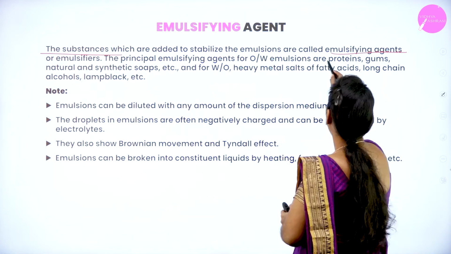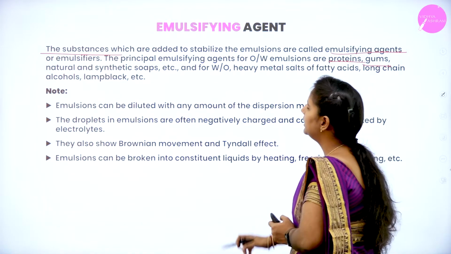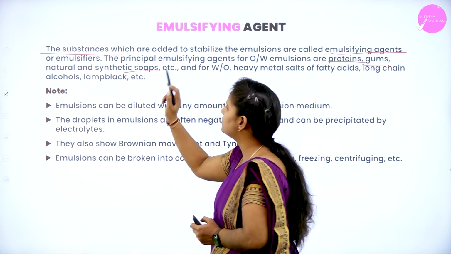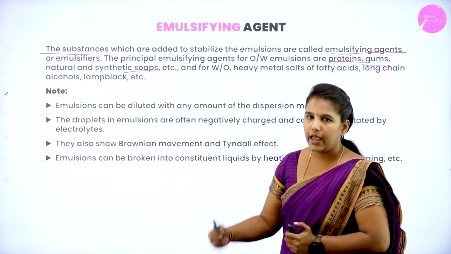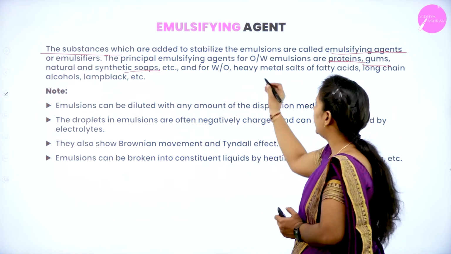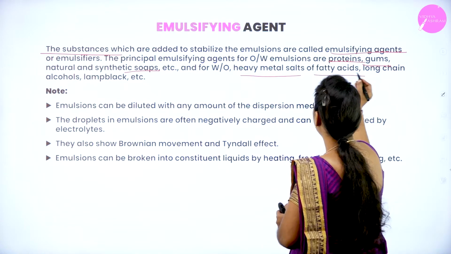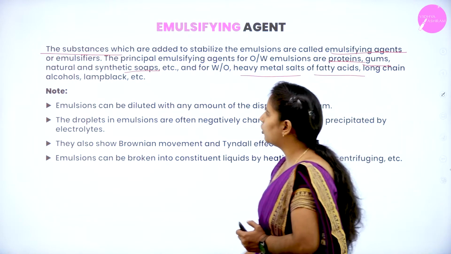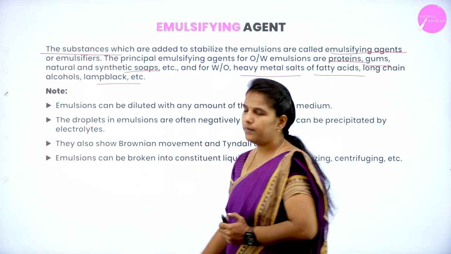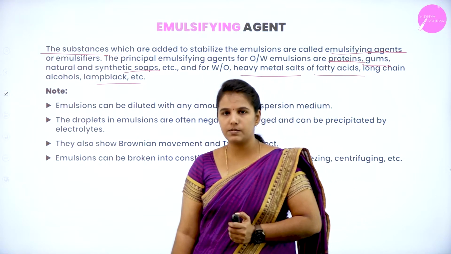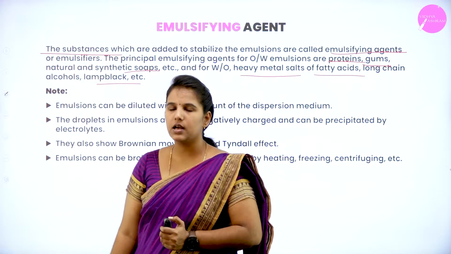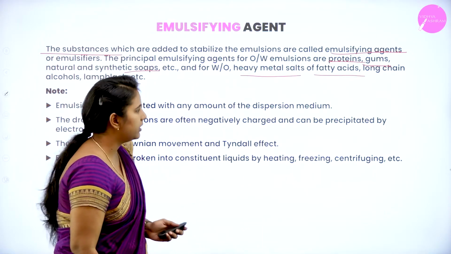Examples are proteins, gums, natural and synthetic soaps, heavy metal salts of fatty acids, long chain alcohols and lamp black. These are some of the substances which are used as emulsifying agents.